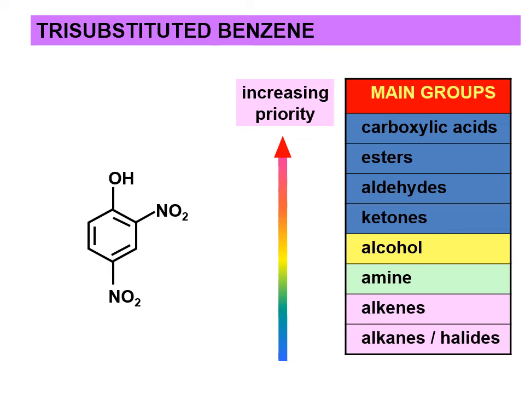So the carbon attached to the hydroxyl group will be labeled as carbon 1. When the hydroxyl group is labeled as carbon 1, this actually gives us the common name of the benzene, which is known as phenol. So the parent is phenol, and we have the substituent at carbon 2 and 4, which gives us the IUPAC name of 2-nitrophenol.